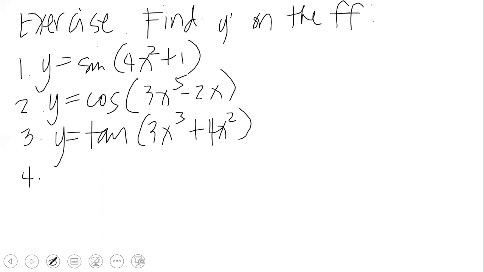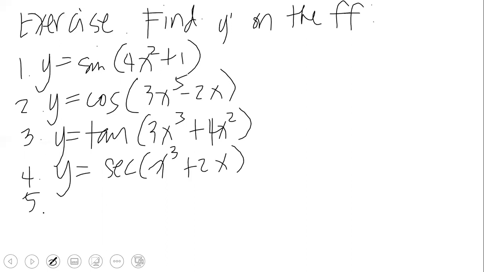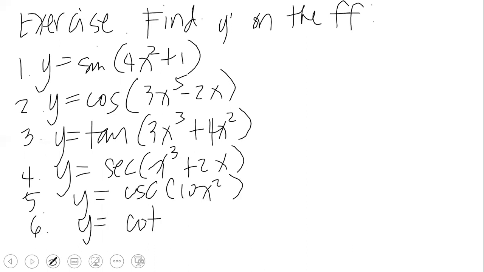Number 4, y equal to secant angle x cubed plus 2x. Let's have number 5, y equal to cosecant 10x squared. And let's have number 6, y equal to cotangent 2x minus x cubed.